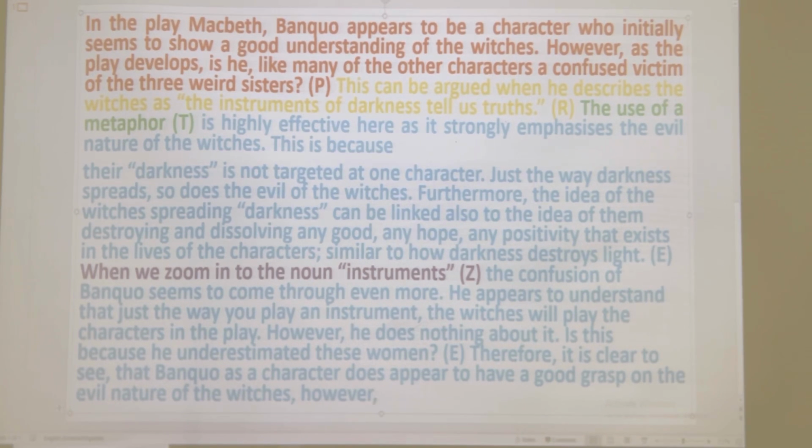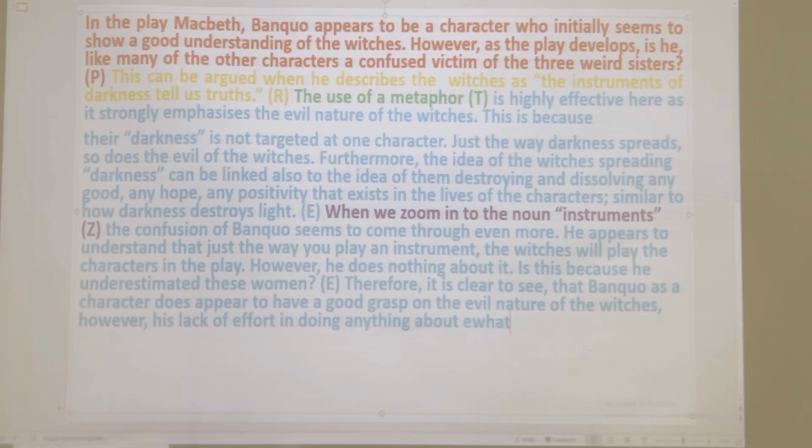However, his lack of effort in doing anything about what they say forces the reader to ponder if he underestimated the power of the supernatural.